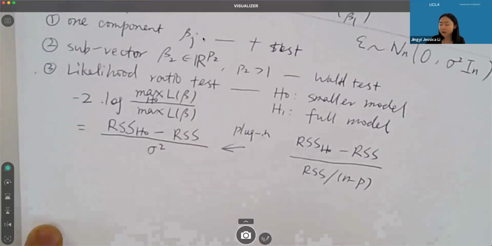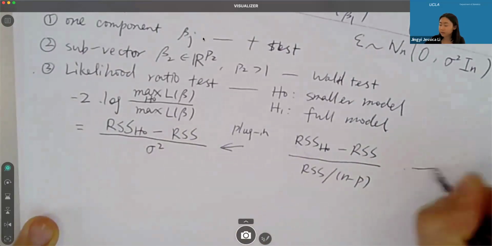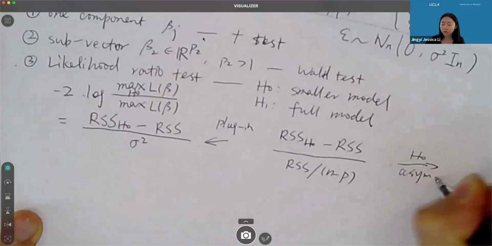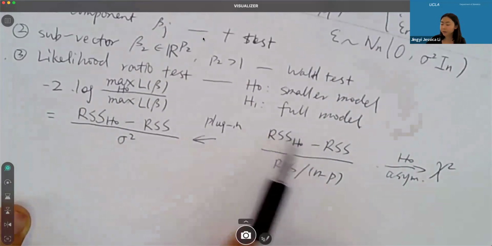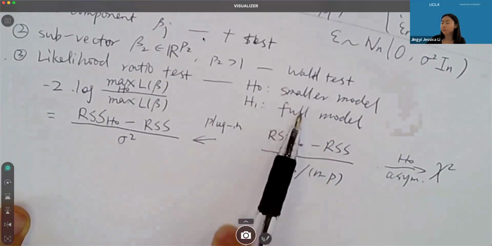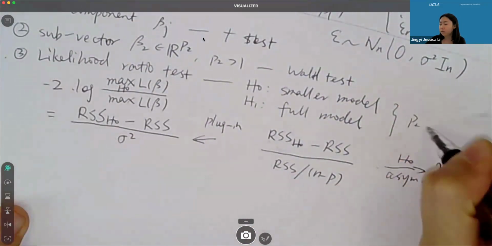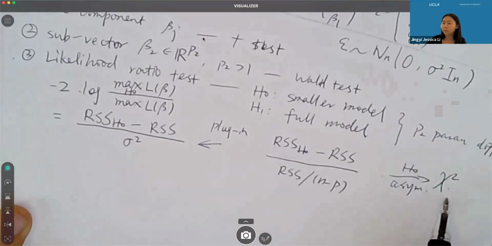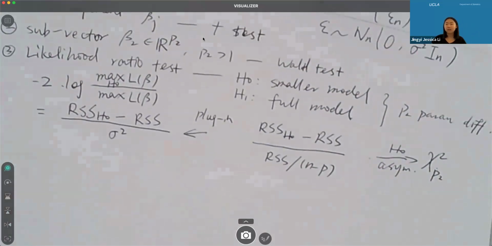And we said that the asymptotic distribution for this one will follow, asymptotically under H0, a chi-square distribution, where the degrees of freedom is the difference in the number of parameters between the smaller model and the full model. So if we're doing this subvector testing and they differ by P2 parameters, then this chi-square will have P2 degrees of freedom. So that's the result.